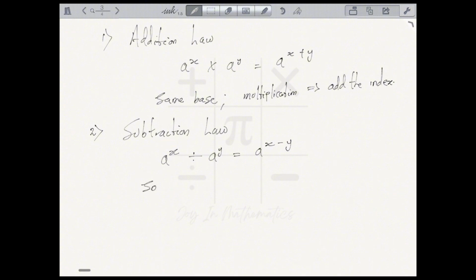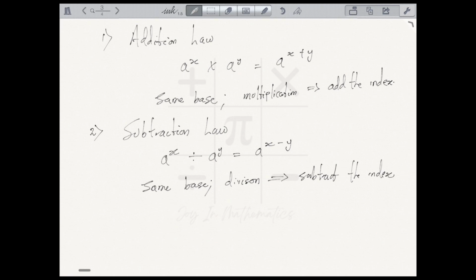This implies that when we have the same base and the sign of operation is division, what we have to do is to subtract the index.